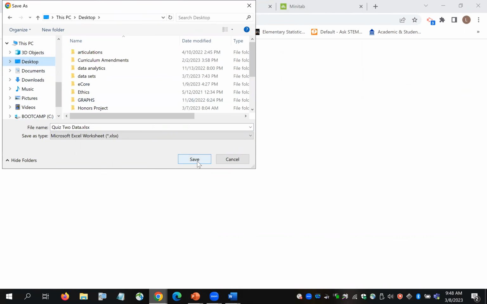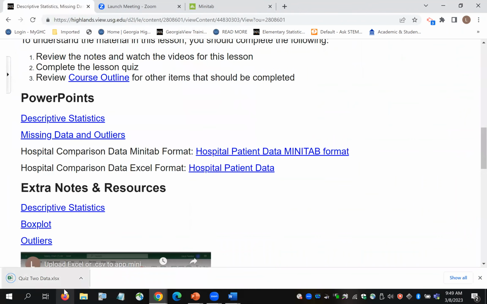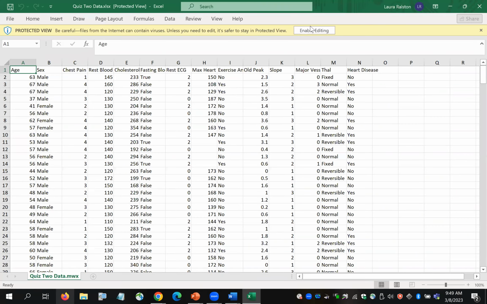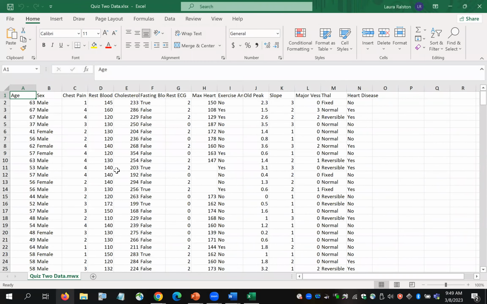I'm going to put it on my desktop, that spreadsheet. Okay, I have to get it opened up. And I have this spreadsheet. It's already been typed by somebody into Excel, but I want to move it into Minitab.